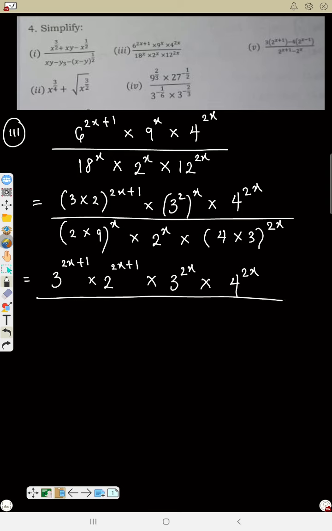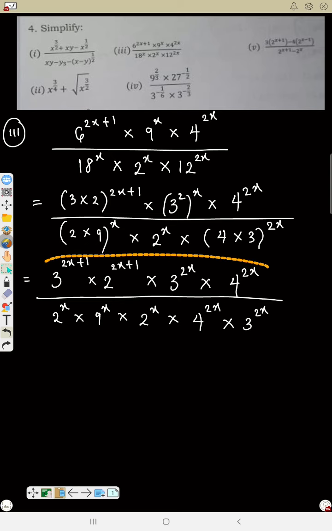So divided by this also can be 2 raised to power x times 9 raised to power x, because this x can affect the powers of each. So times 2 raised to power x times 4 raised to power 2x times 3 raised to power 2x.